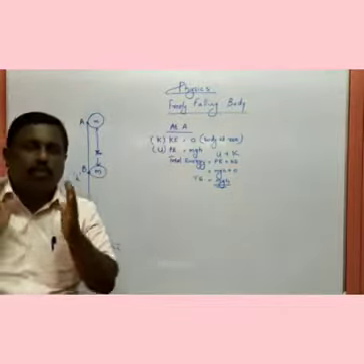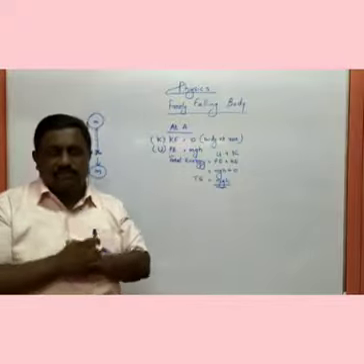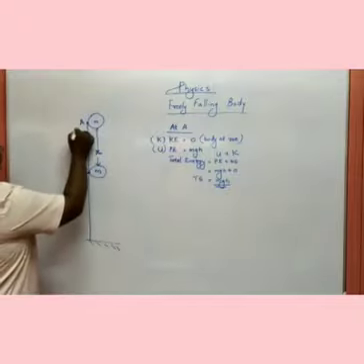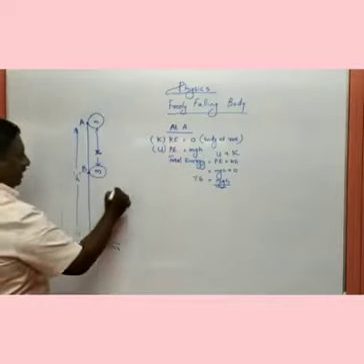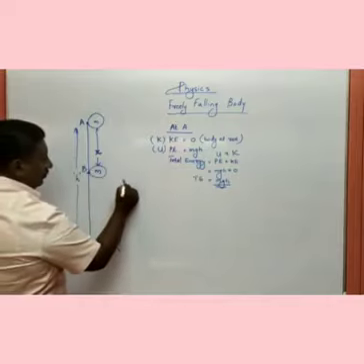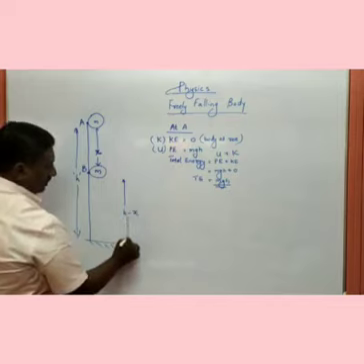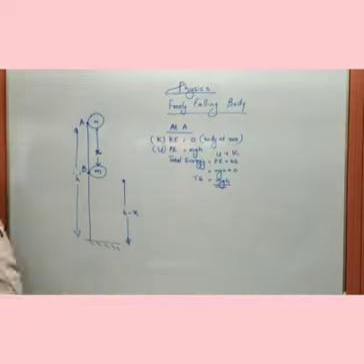That means now the body covered x meter towards the earth. Then you know the total height is h, and this height is x. Then the remaining will be definitely h minus x. Okay? Is it clear?